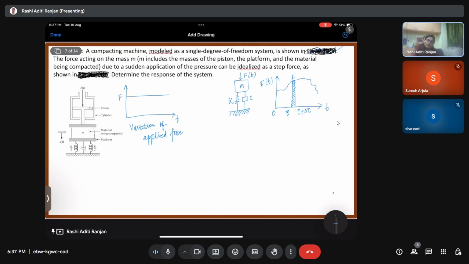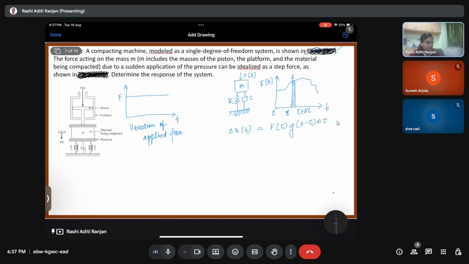For only this amount, I'm going to get delta x of t as F of tau into g of t minus tau into delta tau.